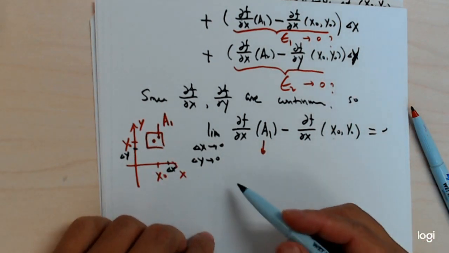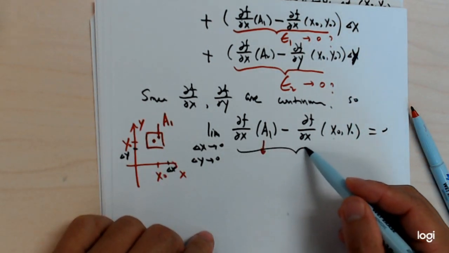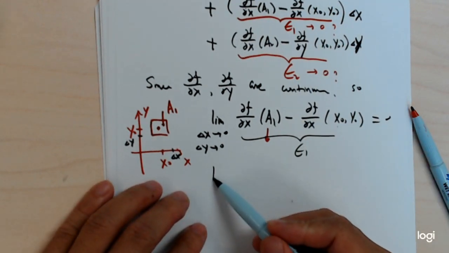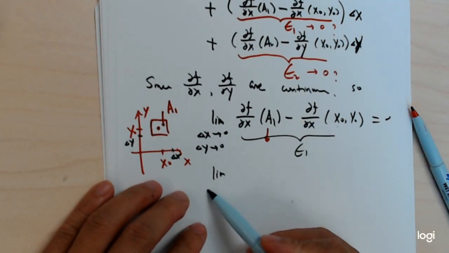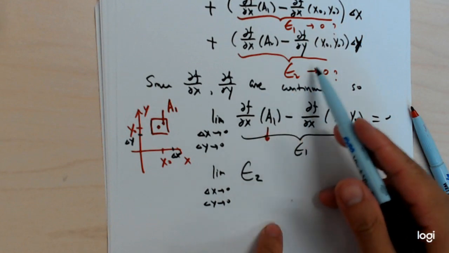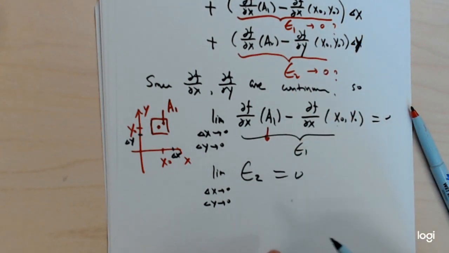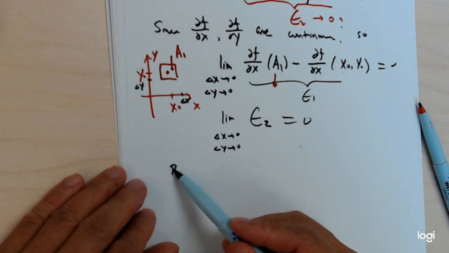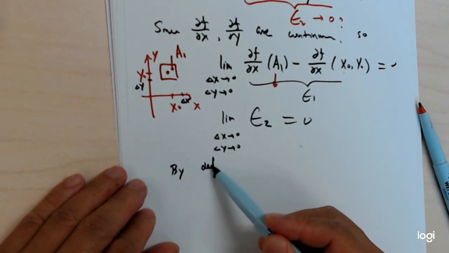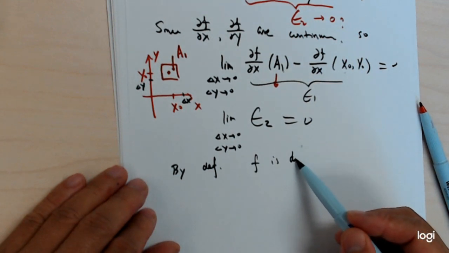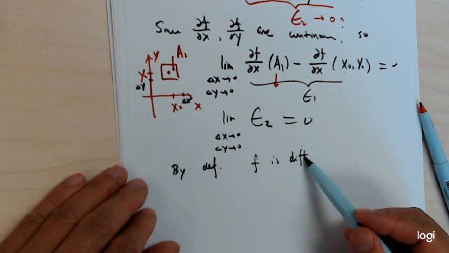And that's exactly that epsilon 1 that I denoted. The same story: the limit of epsilon 2, which is that expression up there, also goes to 0. By definition, f is what? Differentiable.